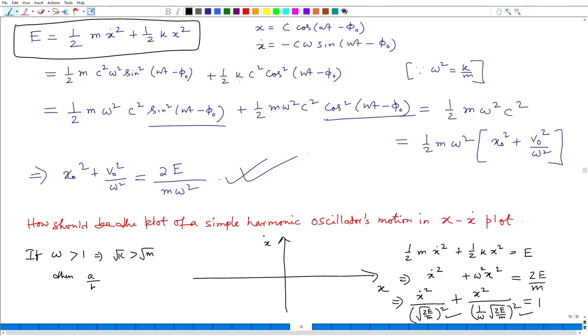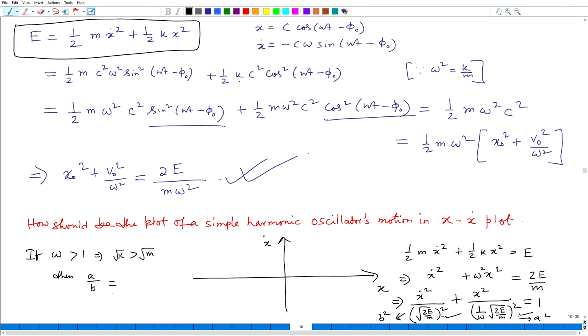If I take this one as my a and this one as my b, this is b because x dot is along y axis, so this is b square and this is a square.